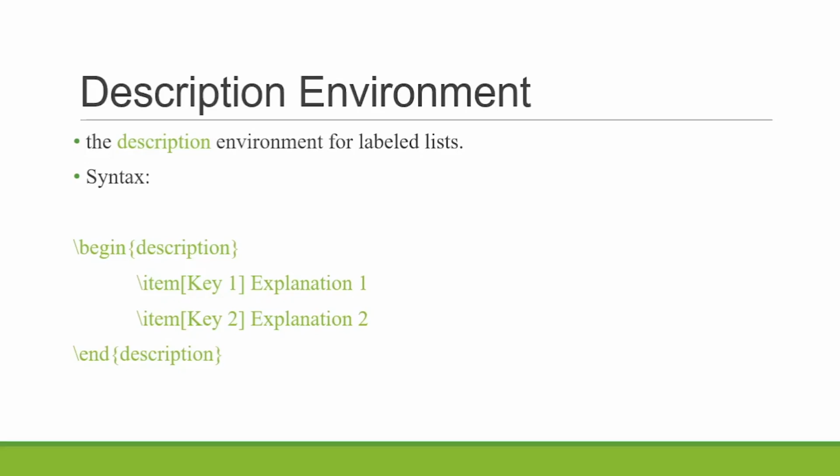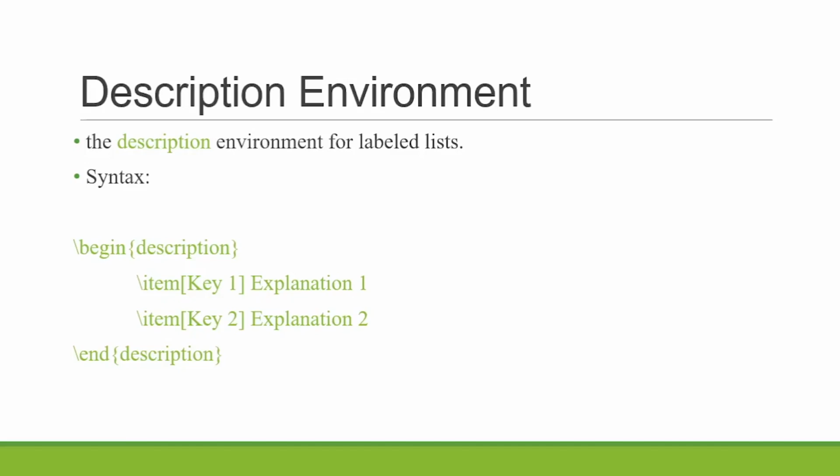For example, \begin description inside the curly brackets, \item key 1 inside square brackets followed by explanation 1. Similarly, \item square brackets key 2 followed by explanation 2. Finally, \end in curly brackets description.